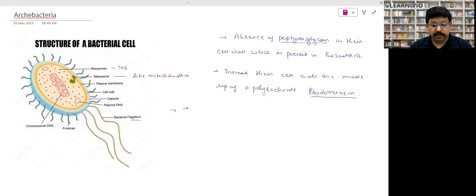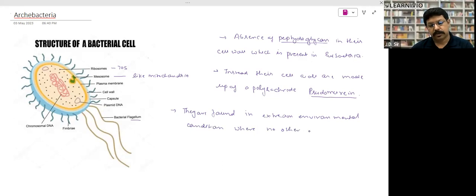Archaebacteria are found in extreme environmental conditions where no other organism can exist, right? So this is the best thing about the archaebacteria.